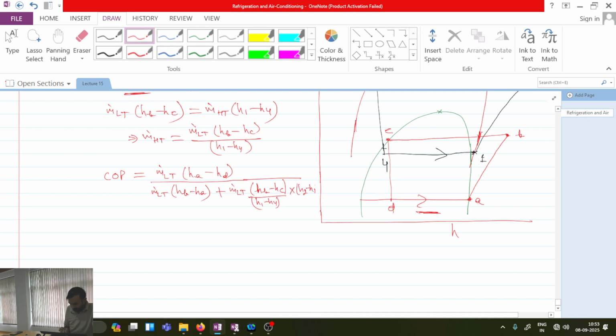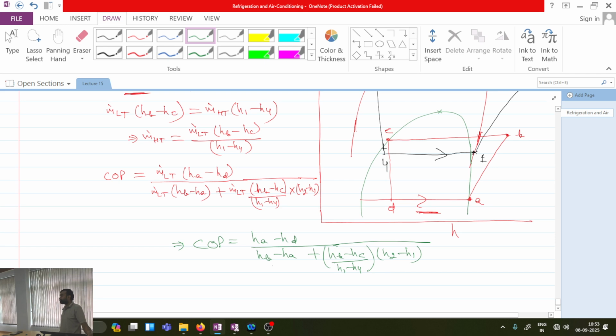LT will cancel out. What will I be getting? COP of the system will be HA minus HD divided by the remaining terms. Is this point clear? Are all clear with this point?